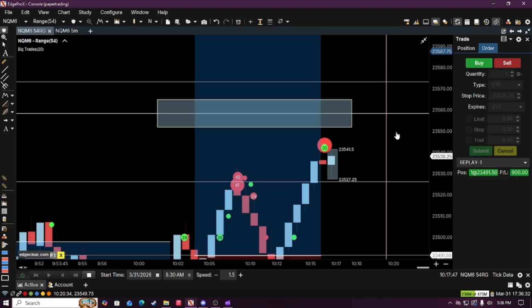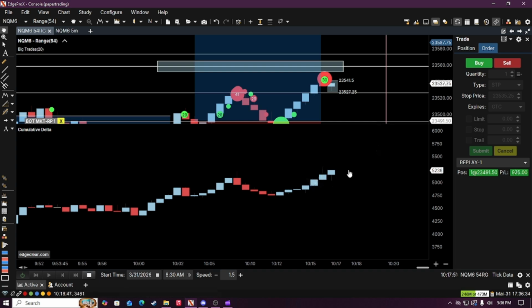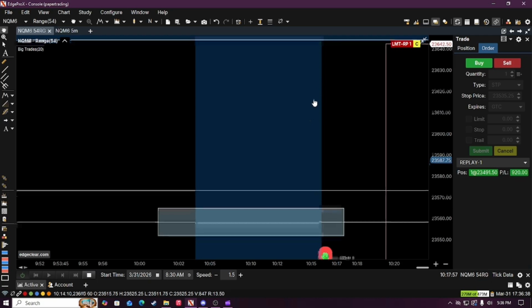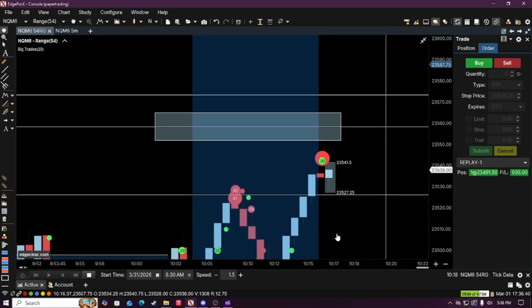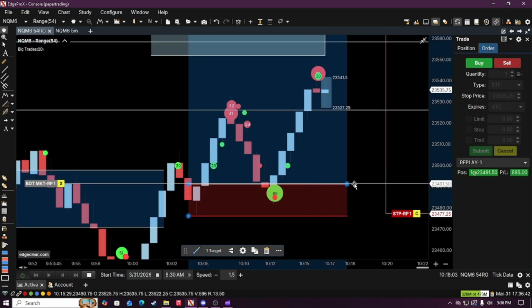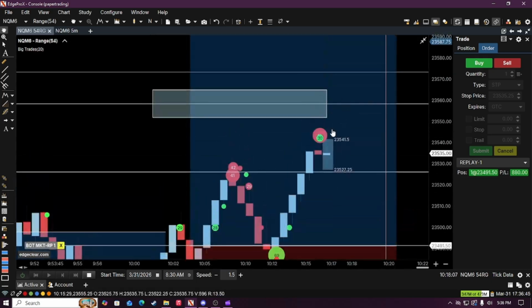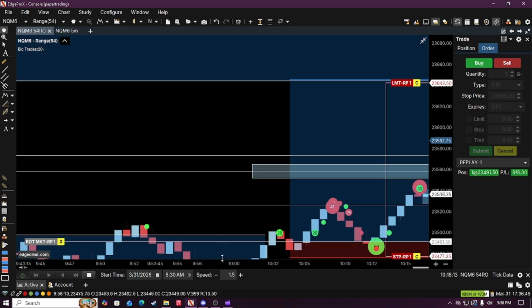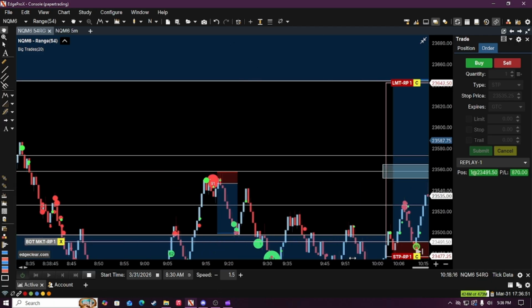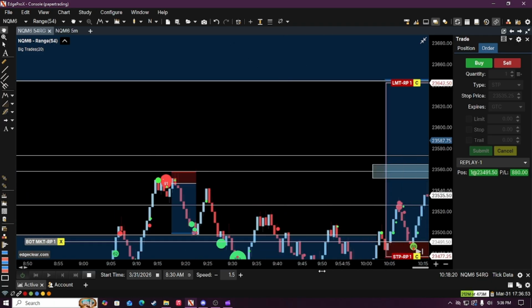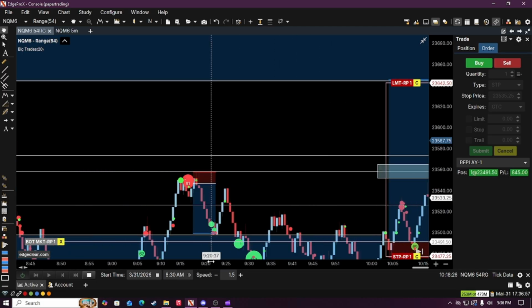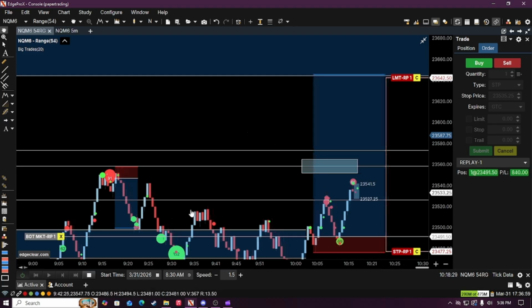If the buyers take over those sellers, I'm pretty sure that we will hit profit instantly. Why? Because aggressive sellers are getting absorbed. That means that this area right here is now our path of least resistance. And as our path of least resistance, it's profit immediately.